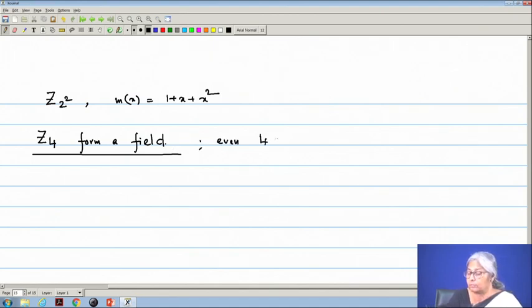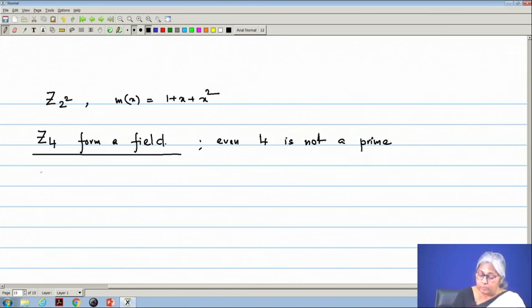not prime. So, what we have seen earlier is that in normal modular arithmetic, only Z p forms a field if p is a prime.